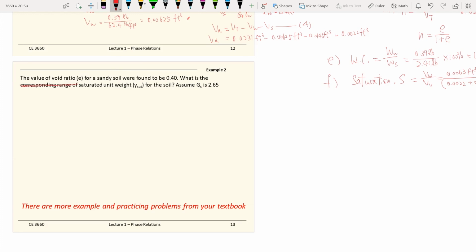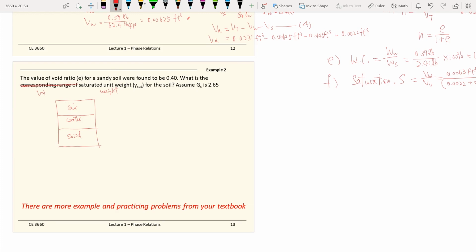To solve a problem like this, again, the first step is to set up the phase diagram. So we have the air, we have the water, and we have the solid. And we have the volumes, and we have the weights. The second step is filling in the required information.